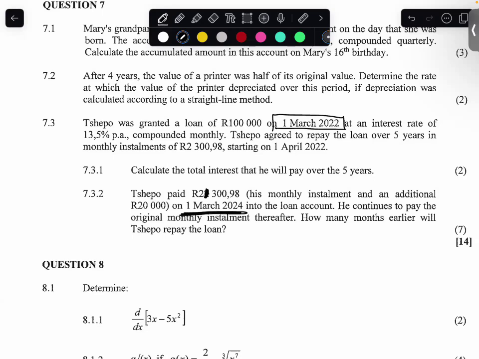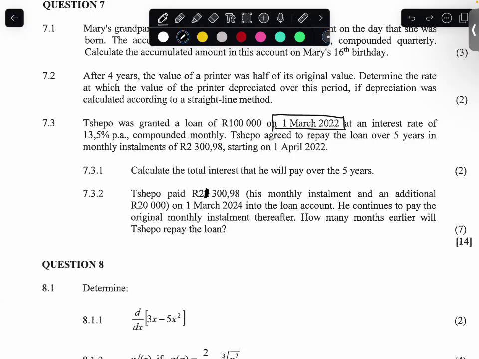So now it says, he continues to pay the original monthly installment thereafter. How many months earlier will Tsepo repay the loan?